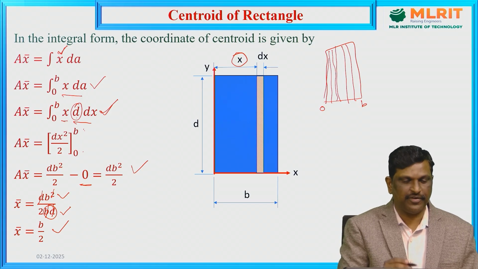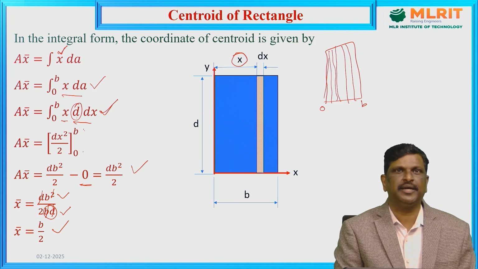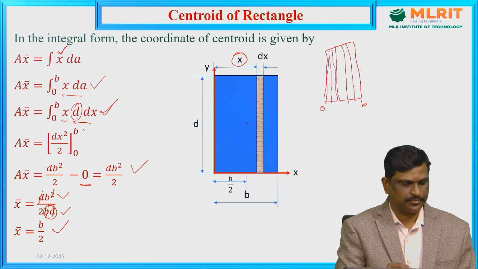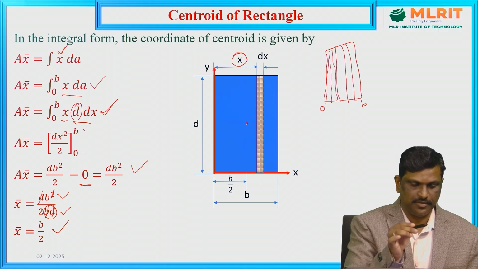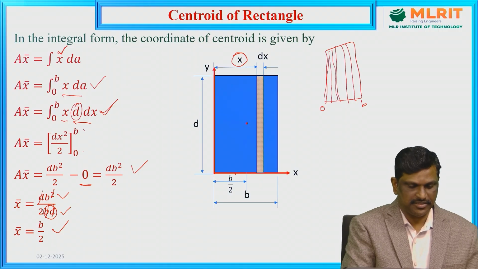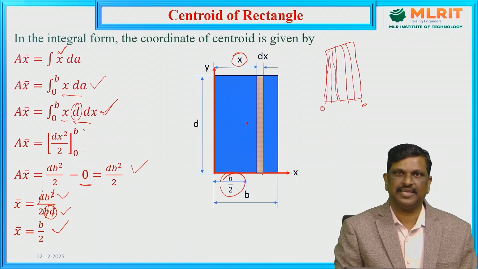The center of rectangle lies at a distance of half of its width. x bar is equal to b by 2. This point is at a distance of b by 2 from the origin measured along x axis.